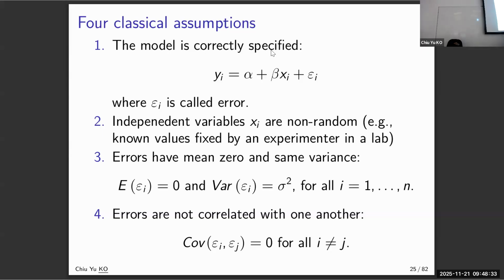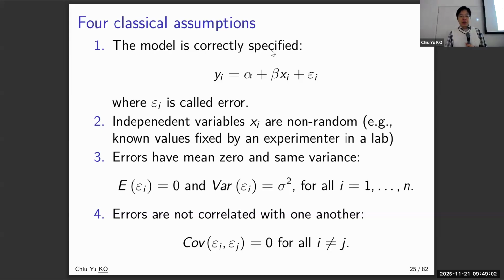And that means there's another thing that is also a random variable, which is Y, right? Because X is non-random, alpha and beta are just numbers. Okay, we just don't know the numbers, but they are numbers, sometimes called parameters of the model, right? And epsilon is a random variable. So that's why Y is a random variable. Okay. So what do these four assumptions imply?